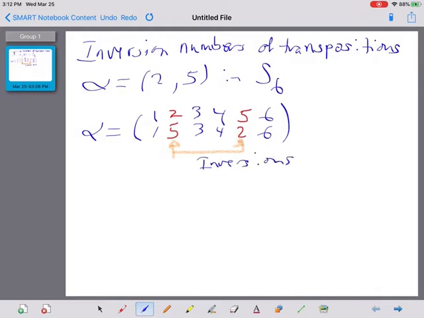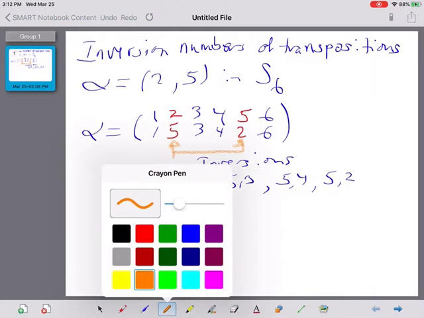In this particular case, the inversions would be 5, 3; 5, 4; and 5, 2. But we also have another set of inversions. And so let me get a different highlighting color.